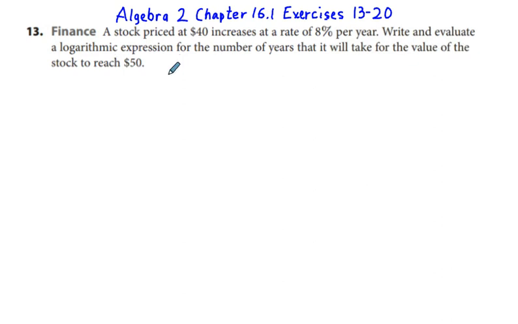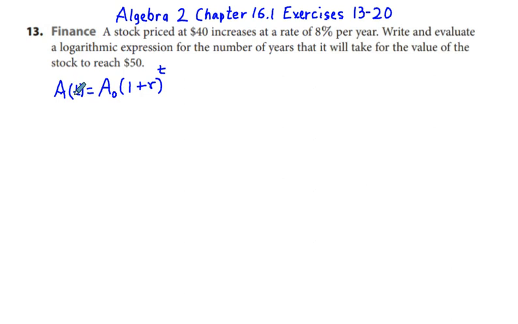to reach $50. Now you might remember back from chapter 13, we looked at something called exponential functions where we had an amount, A of t equals A sub 0 times 1 plus r to the power of t.